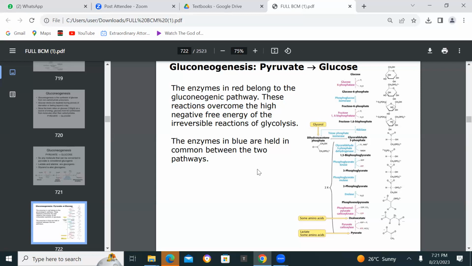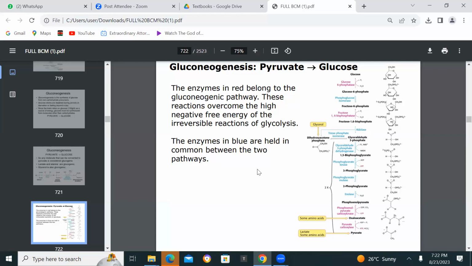Molecules like lactate are glucogenic, so they are converted to pyruvate, which is converted to glucose. Other molecules that can be converted to pyruvate are some amino acids like alanine, and also glycerol. Pyruvate can then be converted to glucose 6-phosphate.